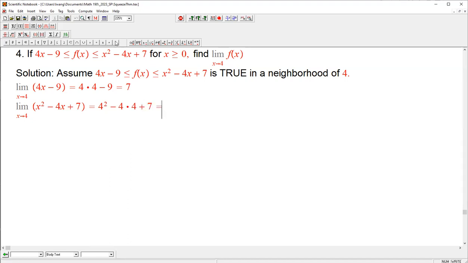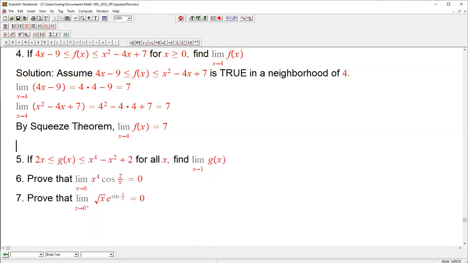So the answer is 7 again. The second condition is satisfied in Squeeze theorem. Then we can say by Squeeze theorem that this limit is equal to 7. That's it.